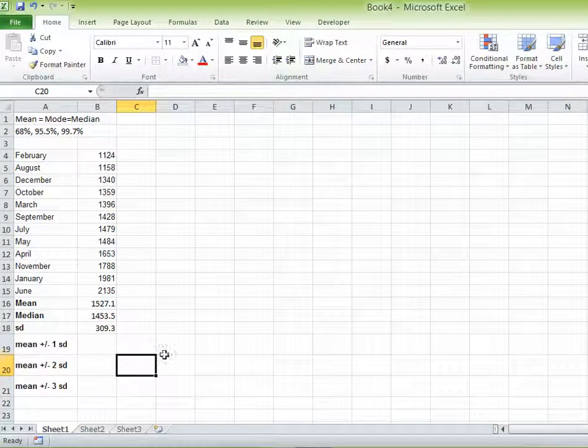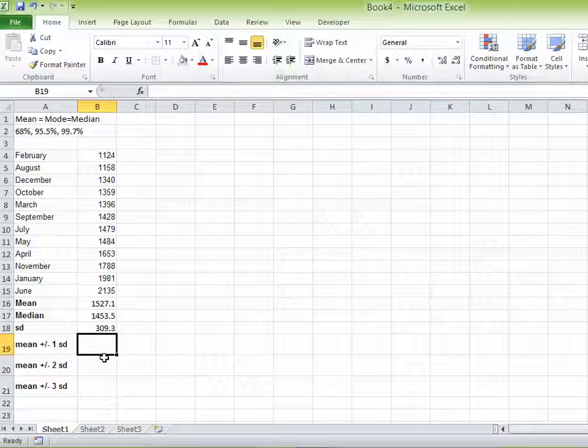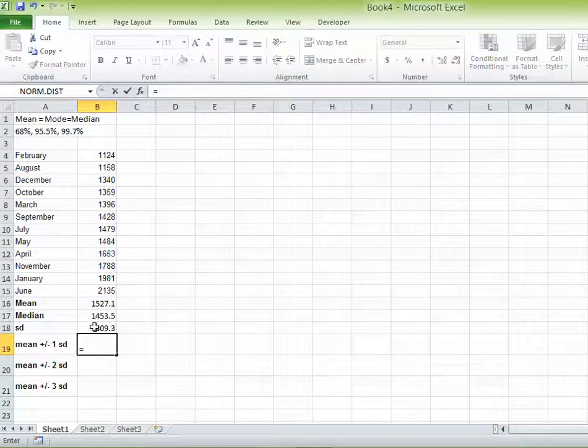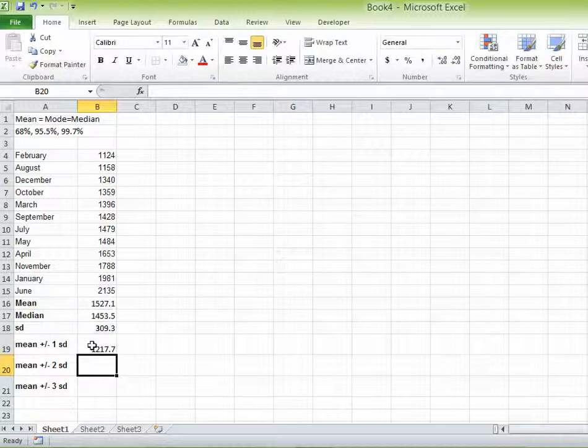Okay, so now let's see. In this spot, I'm going to calculate equals the mean minus the standard deviation. There's mean minus standard deviation.